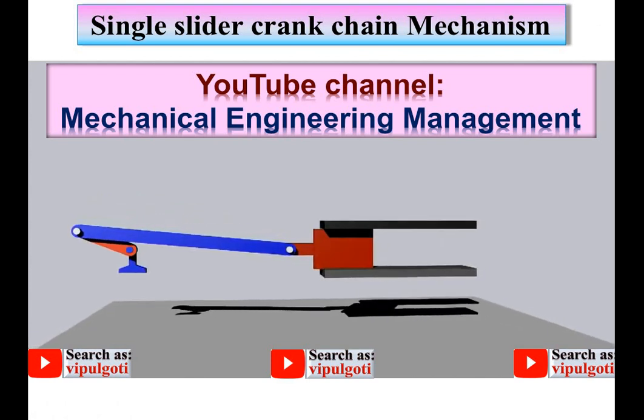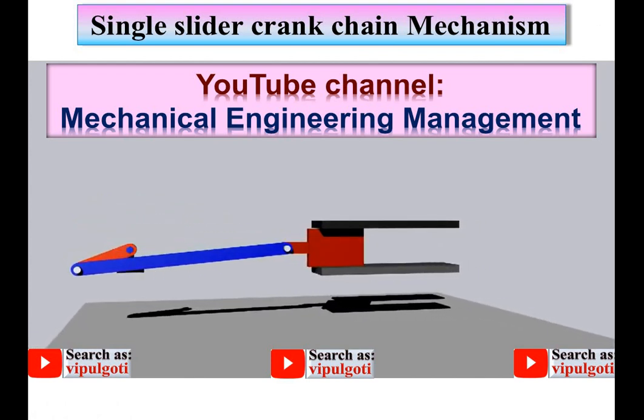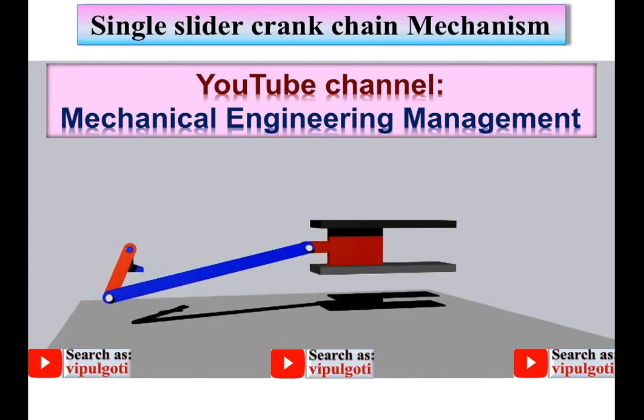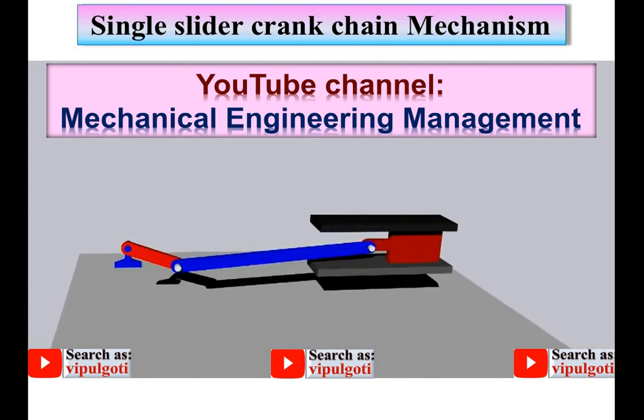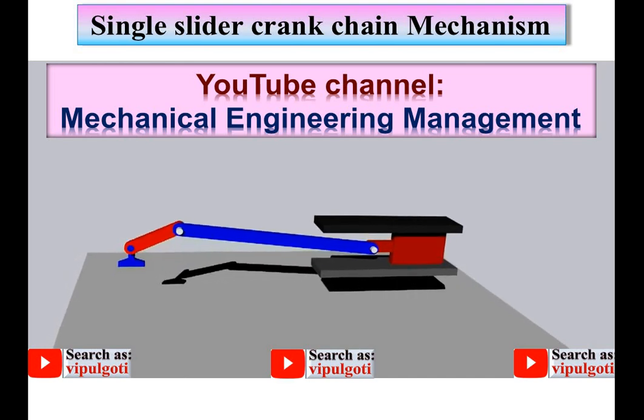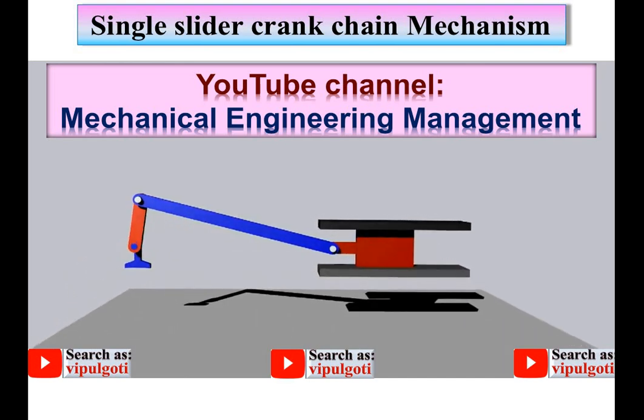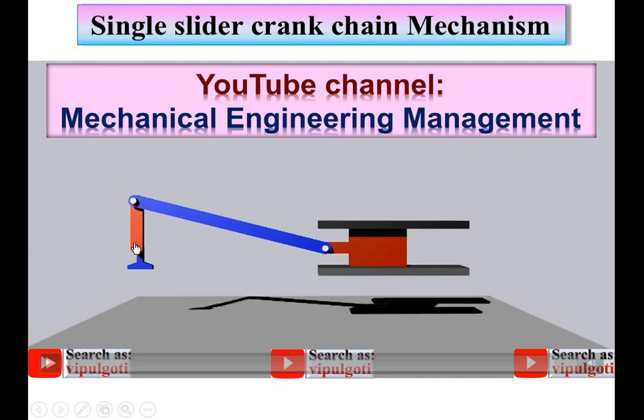Look at this carefully. Here this is called the crank, which will rotate. This blue color is the connecting rod, which will connect the crank to the piston.